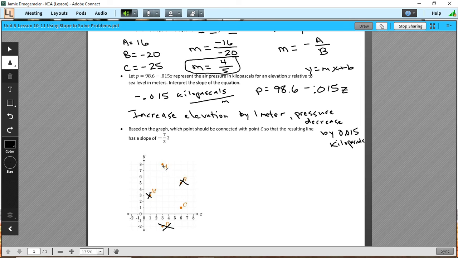Let's double check point A. To get from point A to point C, I would go down 7 places, to the right 3. So that's -7, +3. That would be a slope of -7/3. So point A and point C, when we connect those, that would give us our slope of -7/3.